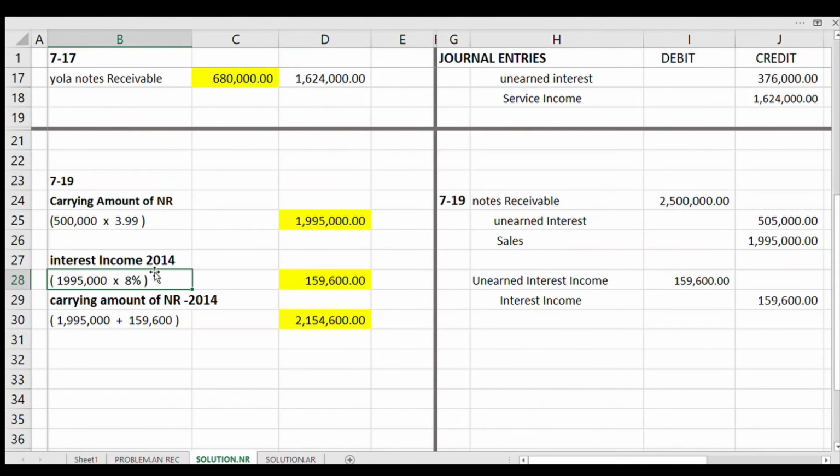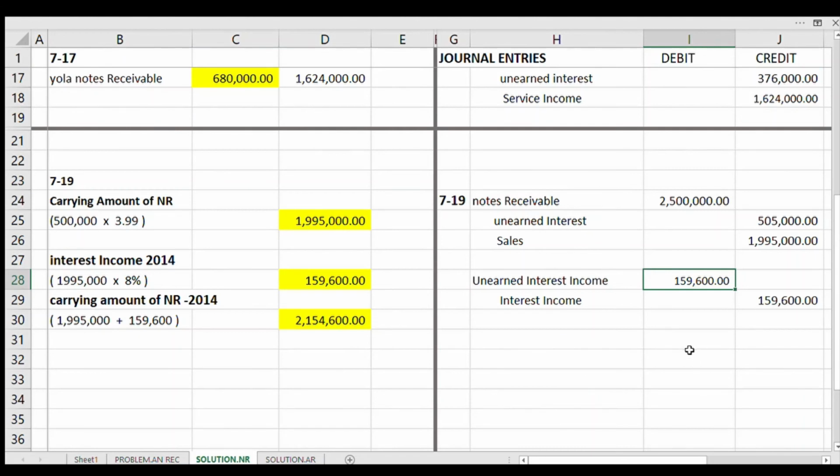Since the very first payment is going to be in the next year after 2013, for 2014 we will still use the 1,995,000 multiplied by 8%. So the interest is going to be 159,600.